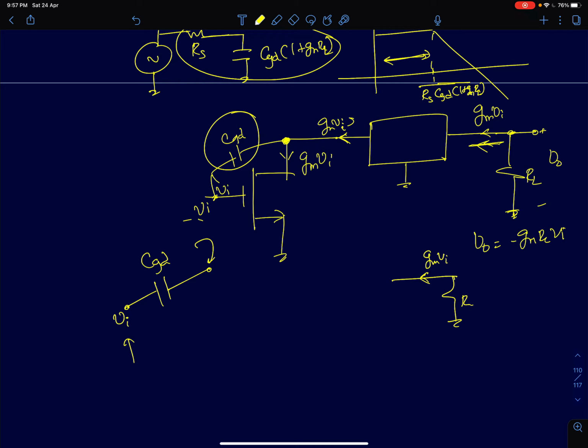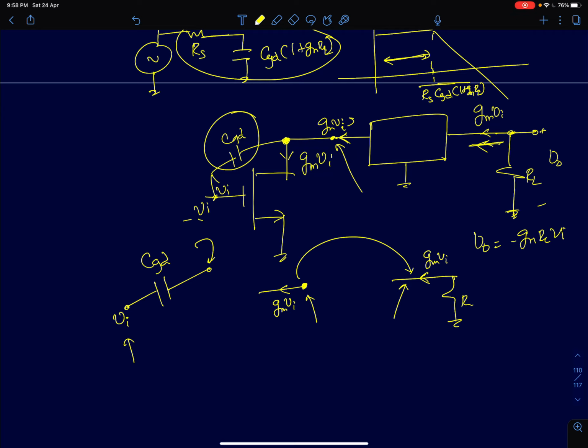But I don't want to have much variations at the drain terminal. So I am going to decouple the drain terminal, which is already carrying a current GMVI. I need to transfer the same current from here to here. But I need to ensure the voltage variation at this node is much smaller than the voltage variation here.